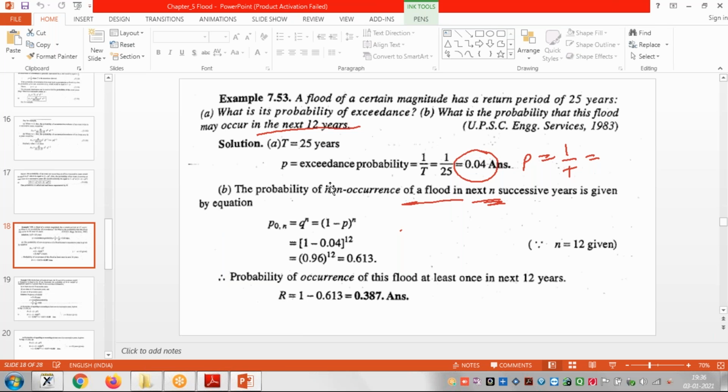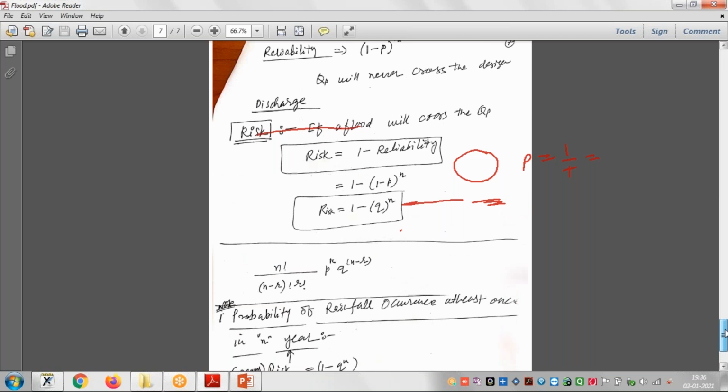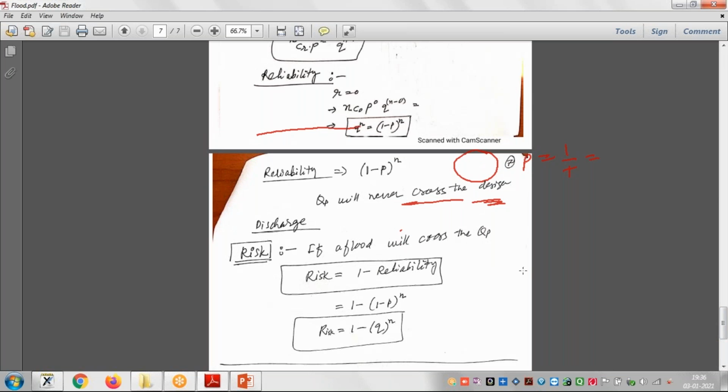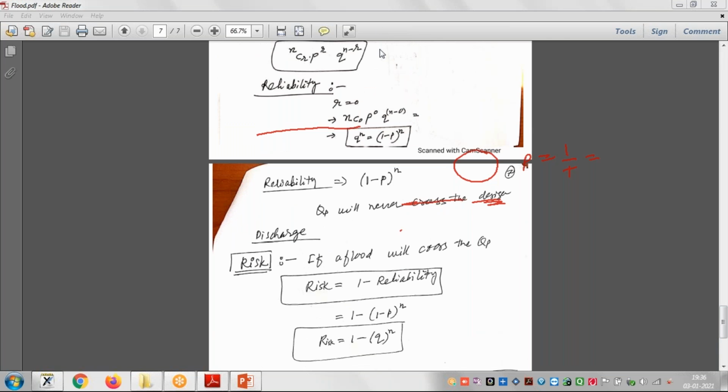They are asking the reliability. And we have seen that the reliability formula is this one.